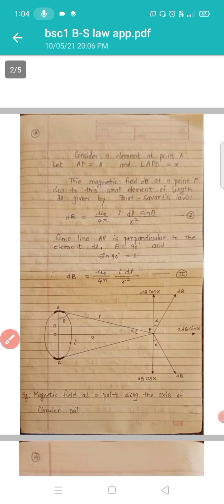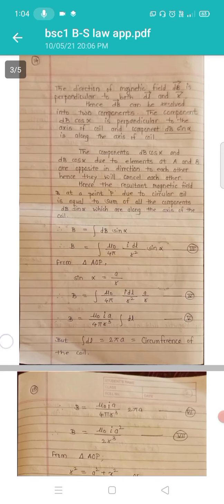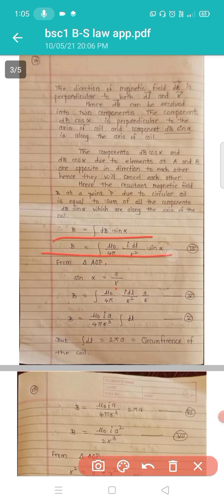Hence we get B is equal to integration of dB sin alpha. Therefore B is equal to integration of mu naught upon 4 pi I dl sin alpha upon r square. Give this equation number 3.